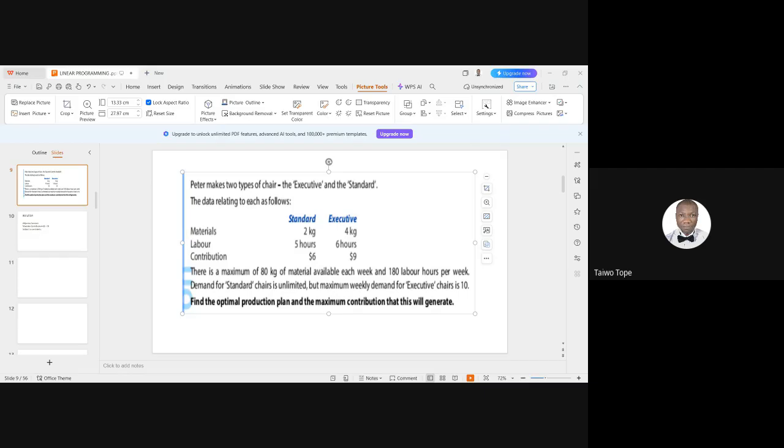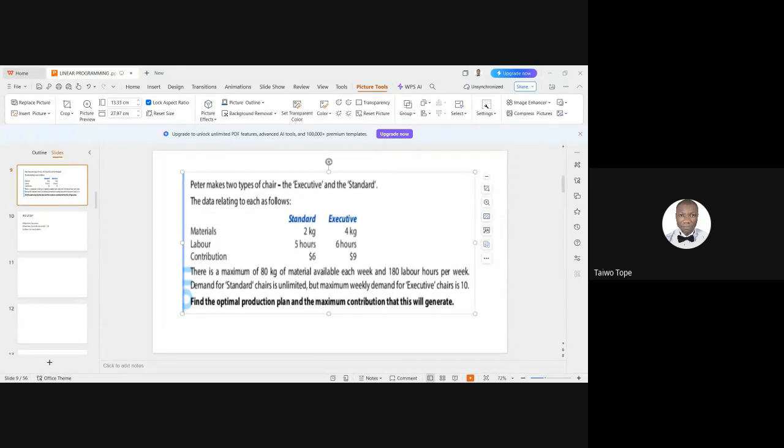All right. The maximum quantity of material per week is 80 kg. The maximum in terms of labor hours is 180 hours.